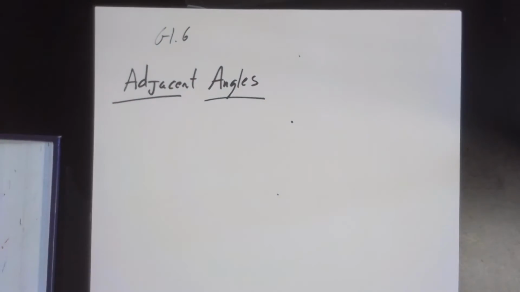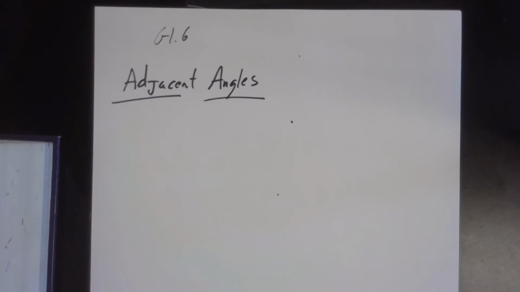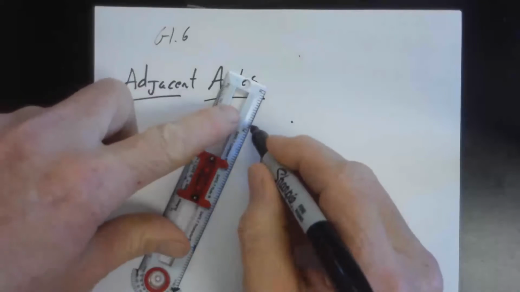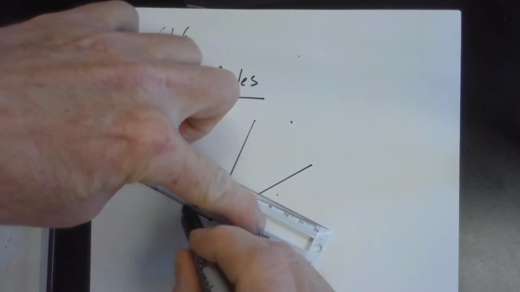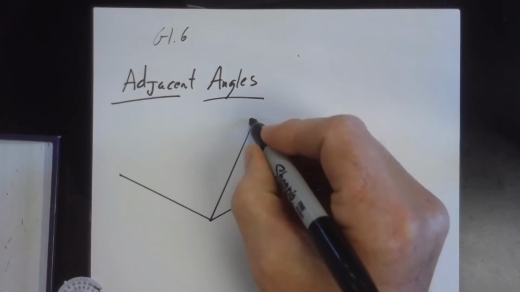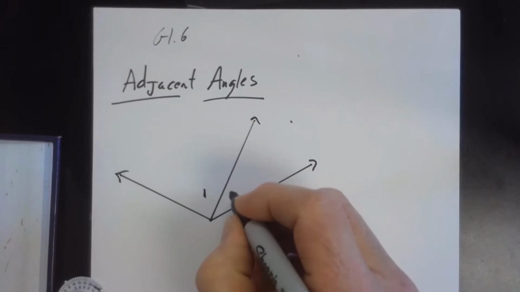Okay, so adjacent can mean a lot of things depending on what we're talking about, but adjacent angles means that they share a common side. So adjacent angles would look something like this. Angle 1, angle 2.